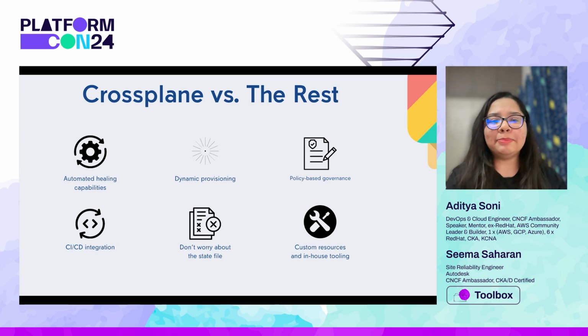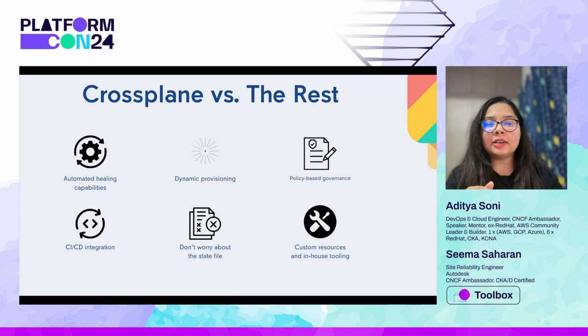Next is policy based governance. We can set granular policies for resource provisioning, ensuring that resources comply with the organization policy and best practices. With Terraform, it provides the policies using modules and variable validation.